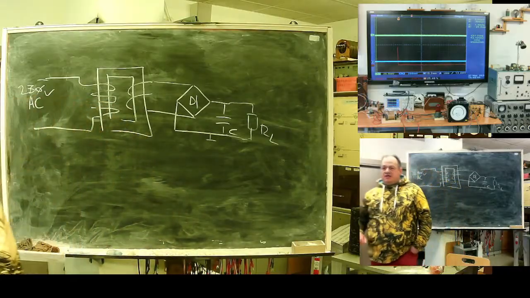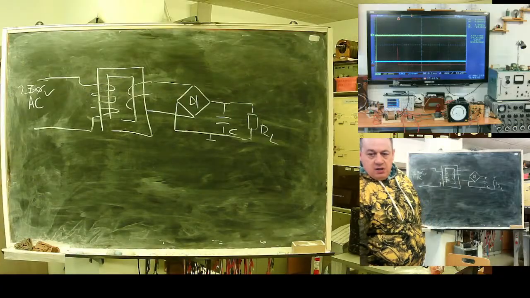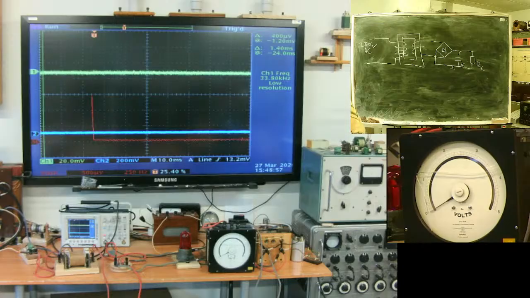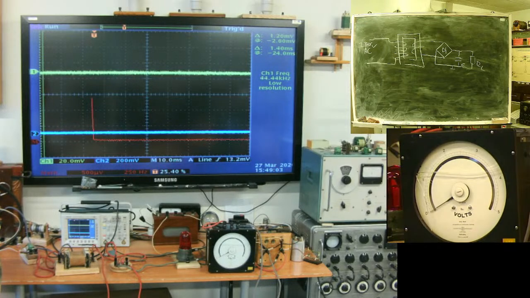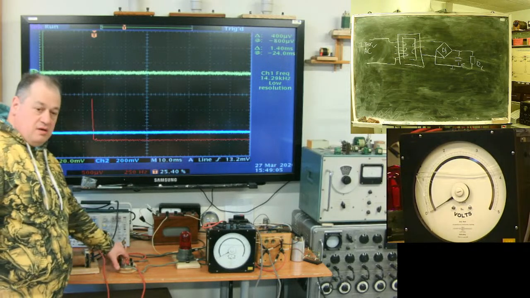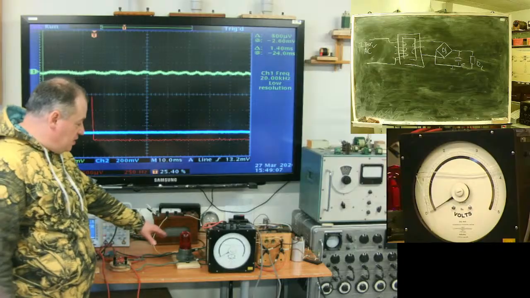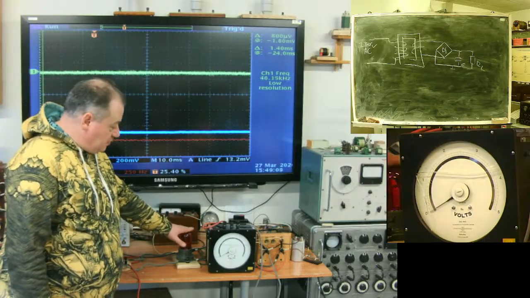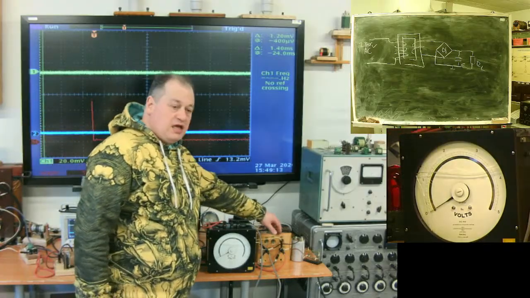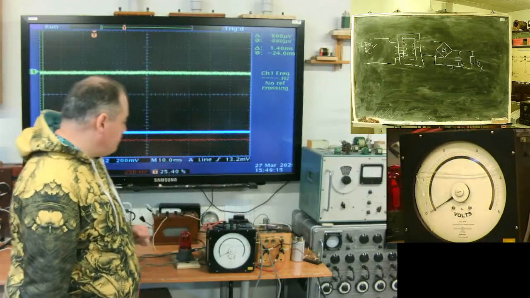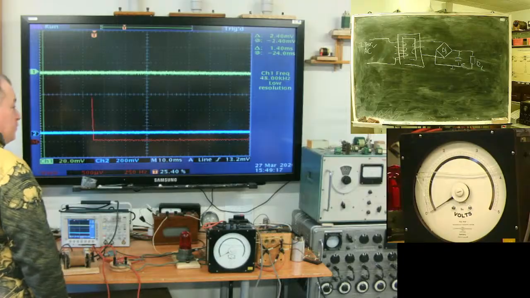I have assembled such a network. Here I have the transformer, the rectifier, this is my load, the load's voltage, and a set of capacitors to demonstrate effects on filters.